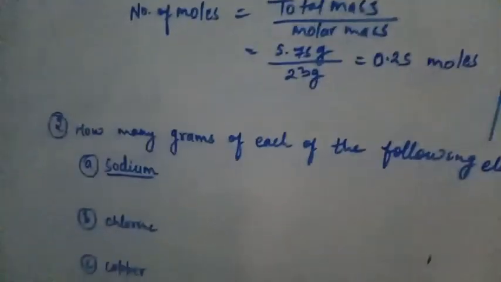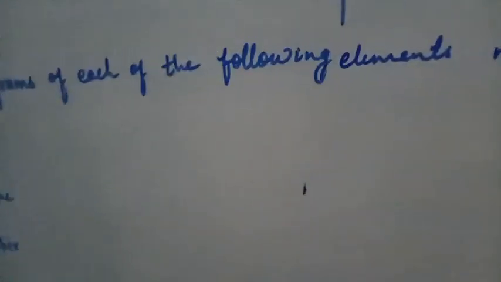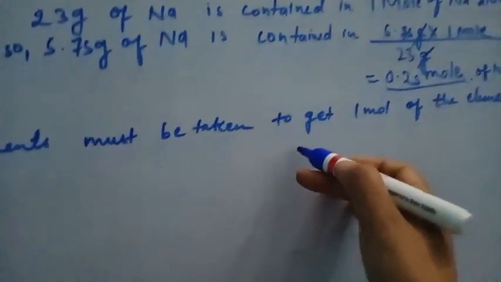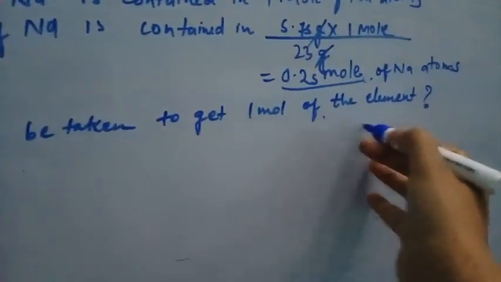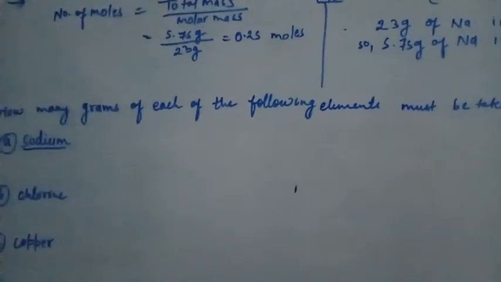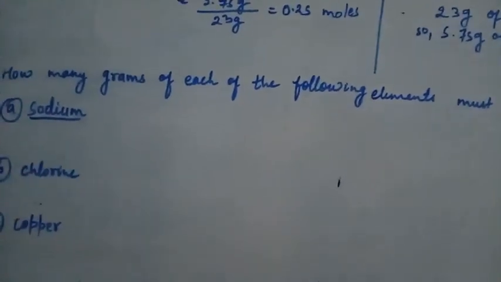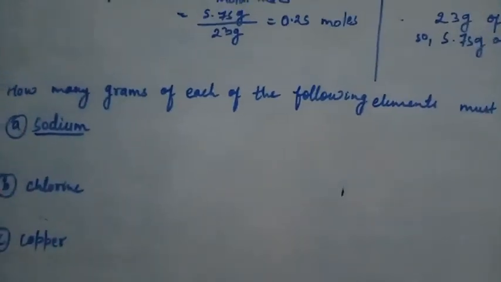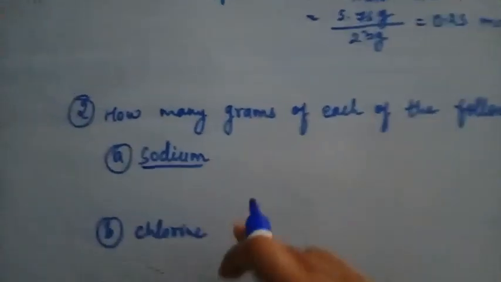Next question is: how many grams of each of the following elements must be taken to get 1 mole of the element? The question is twisted, it is just asking how many grams 1 mole of the element contains. Sodium we know.